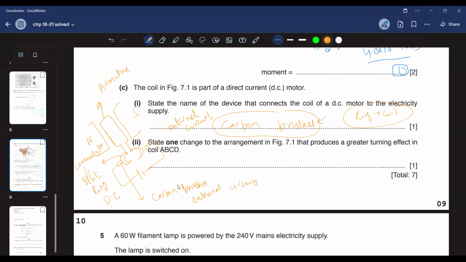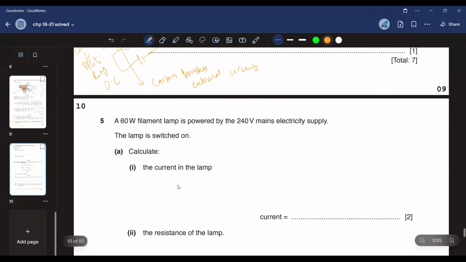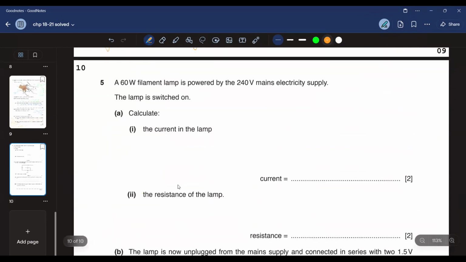Moving on to the next part. We have power, we have voltage, current find out करना है. So P is equals to VI and I is equals to P over V, which is 60 divided by 240. 1/4. 0.25.